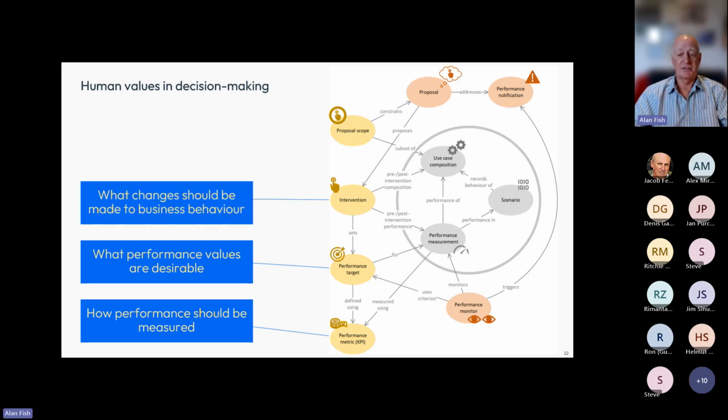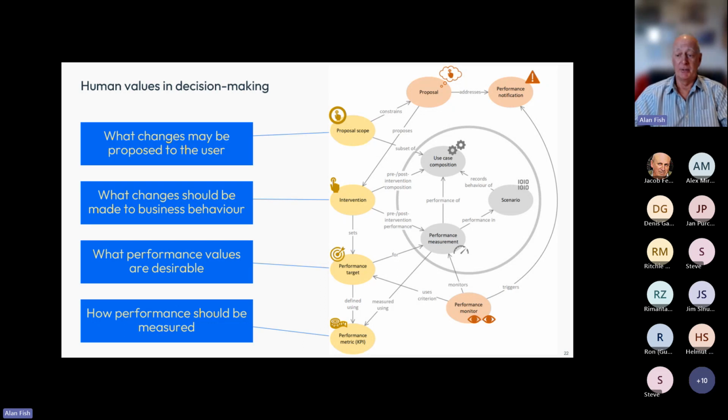Of course, there's the intervention itself, which is what changes I want to make to my business behavior. And finally, the proposal scope, which is about what types of behavioral change are allowed to be proposed to the user. I think these entities should be created alongside the composition, and they should provide its raison d'etre.